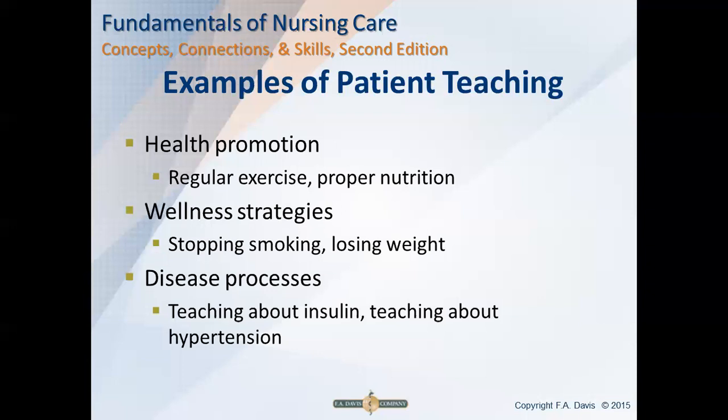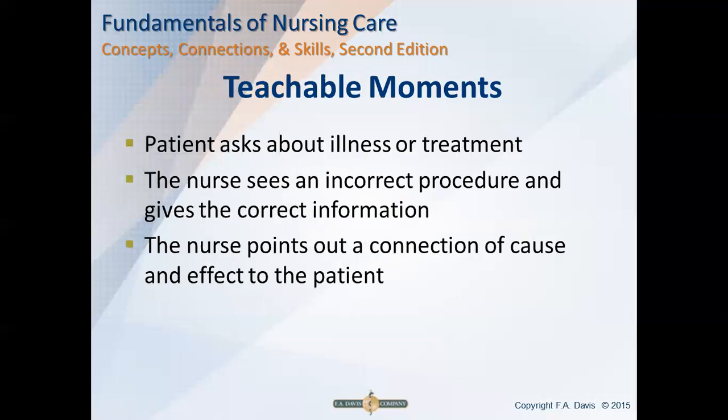It is also bad. Losing weight, reducing obesity. Obesity is a cause of so many diseases, like teaching about insulin, teaching about how to control hypertension, ultimately prevents the major diseases.